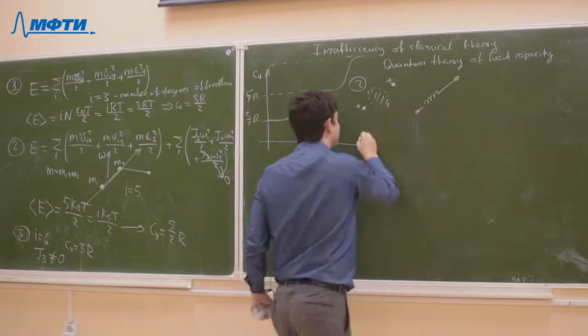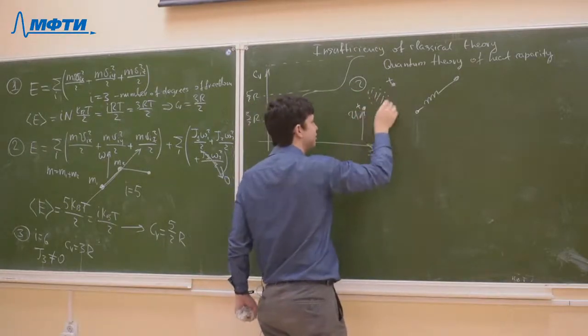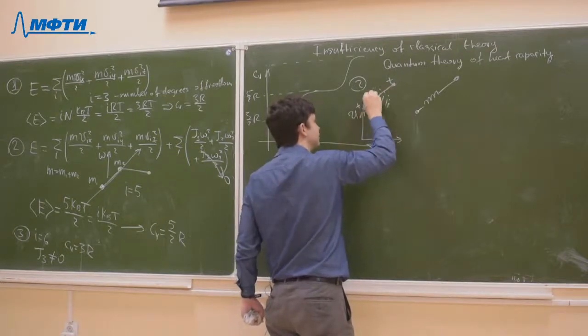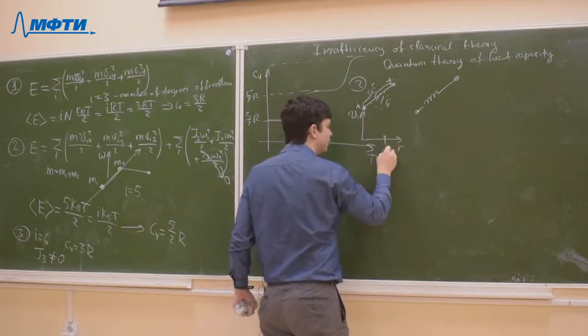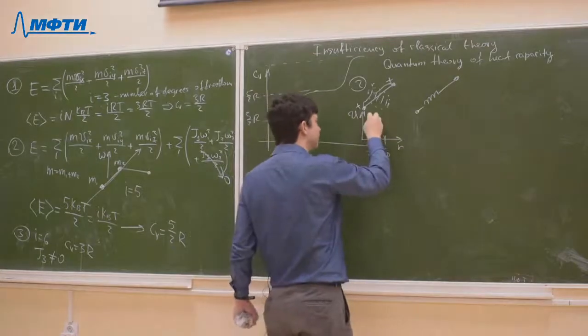So if we have a dependence of the potential energy of interaction between these two atoms as a function of the distance between them, there is a minimum here at which the molecule is found at equilibrium.